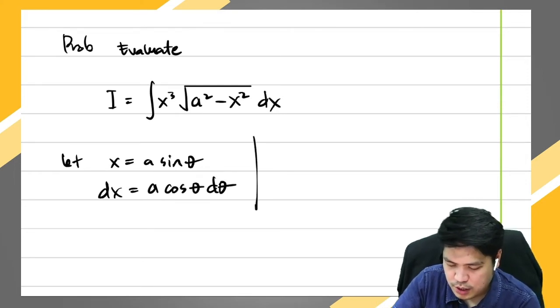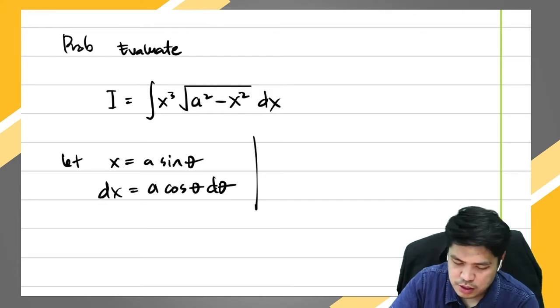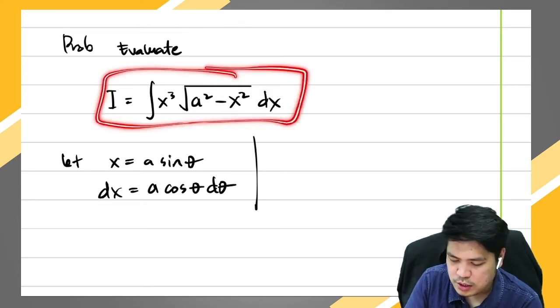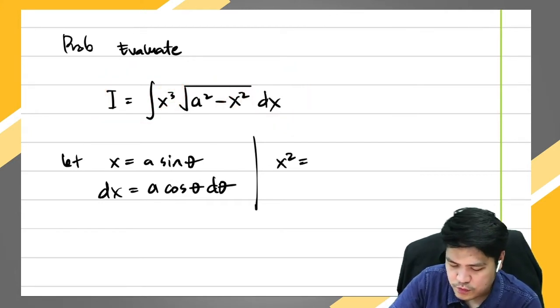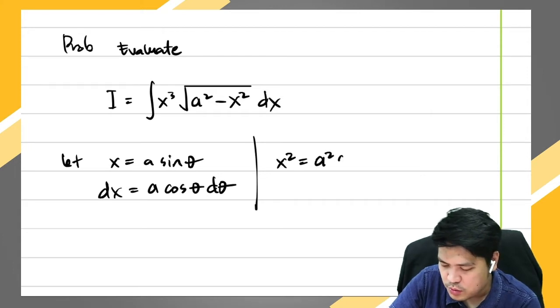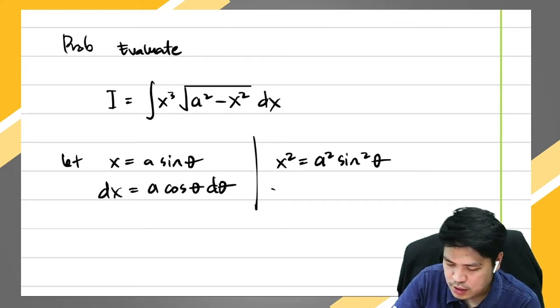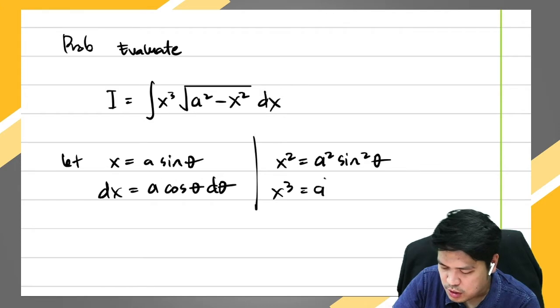And if x is equal to a sine theta, and in our original integral x squared and x cubed appear, then x squared is just equal to the square of a sine theta, that's a squared sine squared theta. And of course, x cubed is just a cubed sine cubed theta.